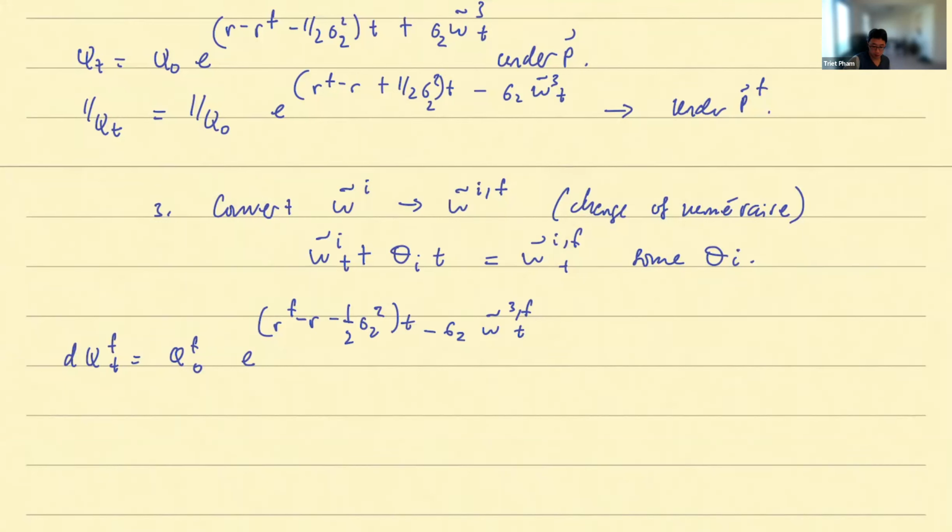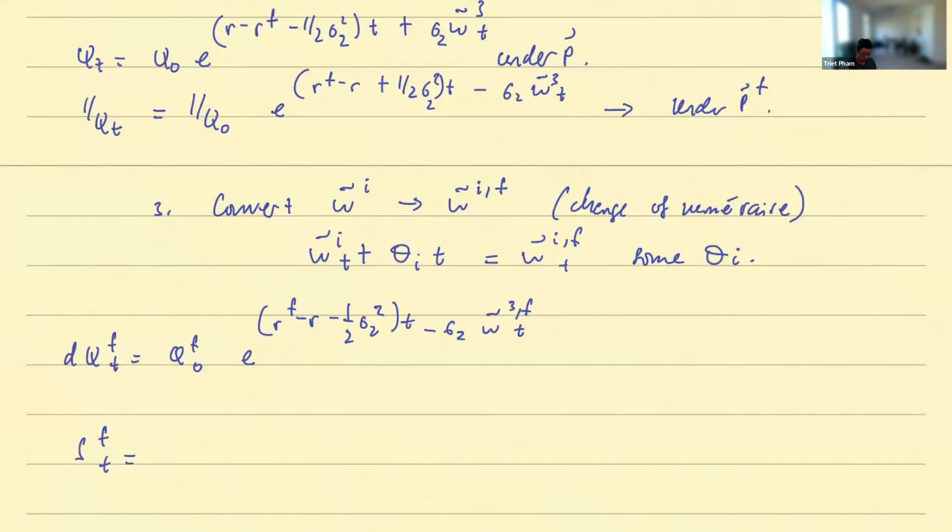All right, so let us look at the stock. It's similar, but a little bit more messy because the stock in the other denomination will be this, and then you've got the exponential.